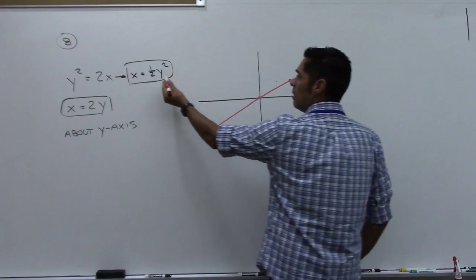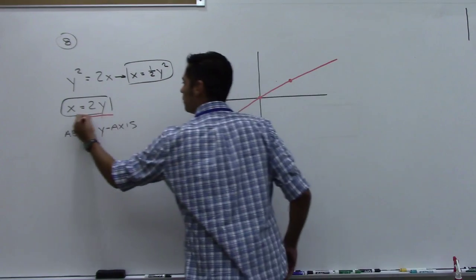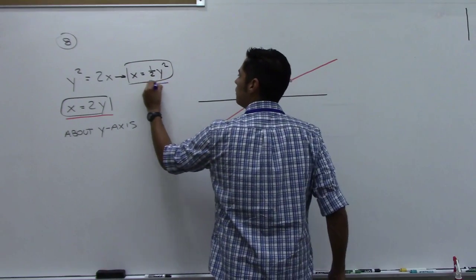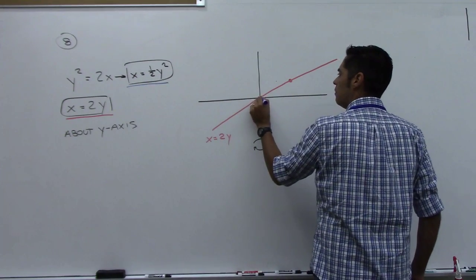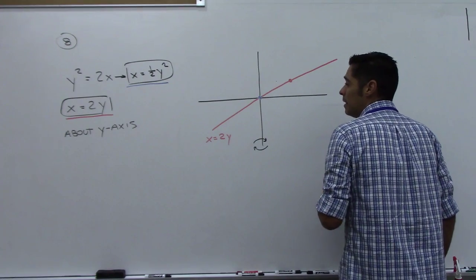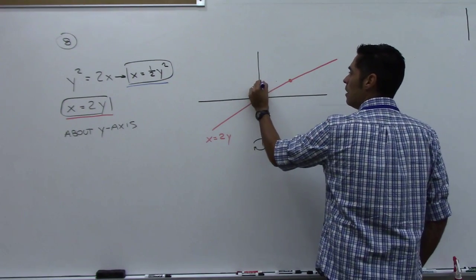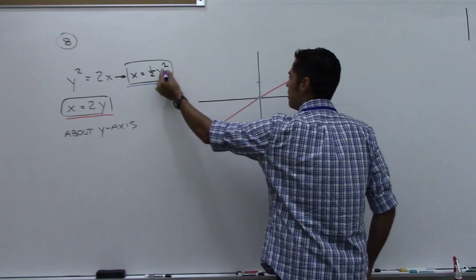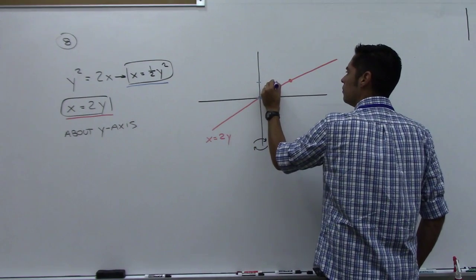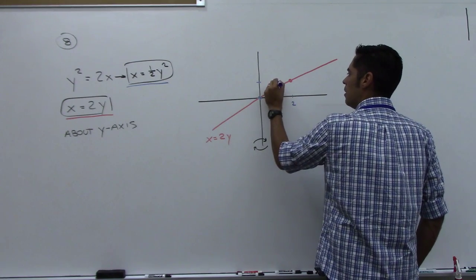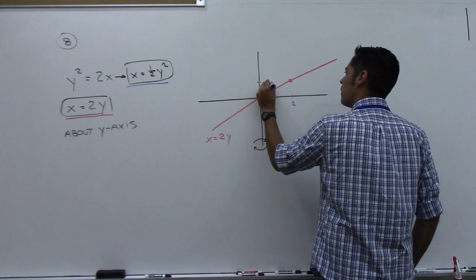Now to draw this one, if I let y be 0, I get x is 0. If y is 1, then x is 1/2. Remember this was 2, so here's 1, it'll be here.